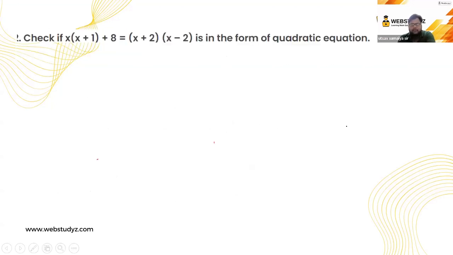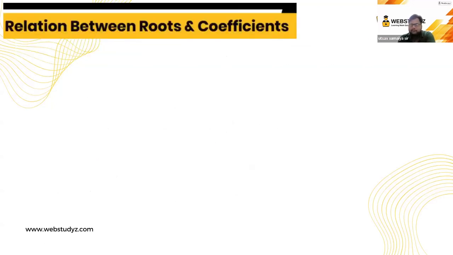Now, we would be checking if this is in the form of a quadratic equation or not. x into x plus 1, plus 8 is equal to x plus 2 into x minus 2.